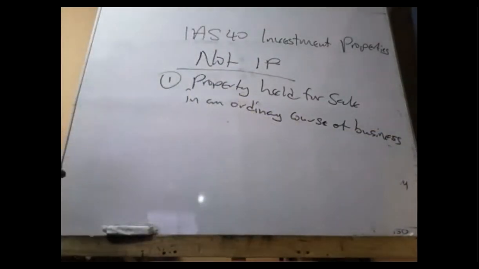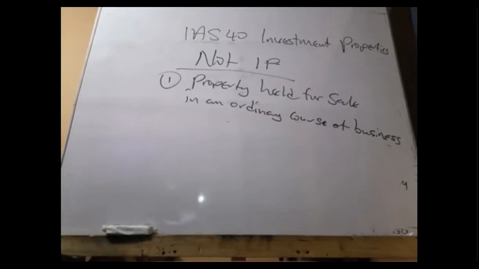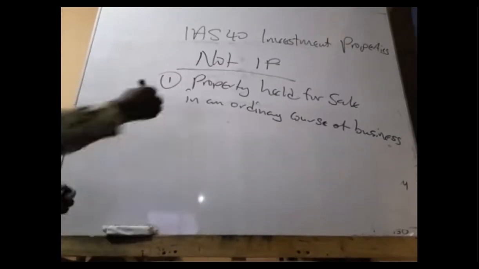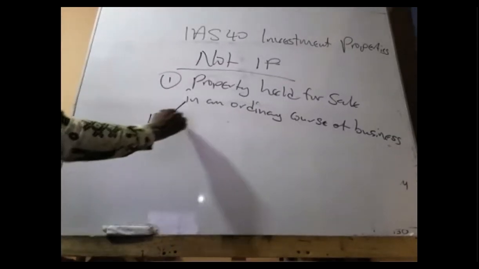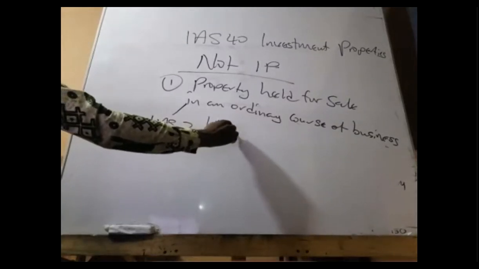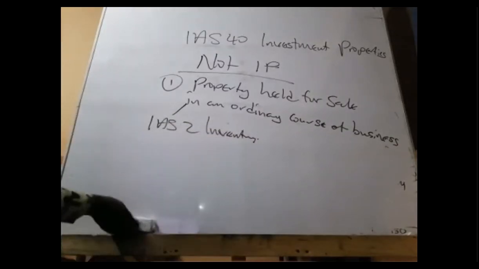So if you deal with lands and buildings, like real estate developers, the lands and buildings that are ready for sale are not investment property. That is IAS 2 inventory. So they must be accounted for under inventory, IAS 2. Take note.